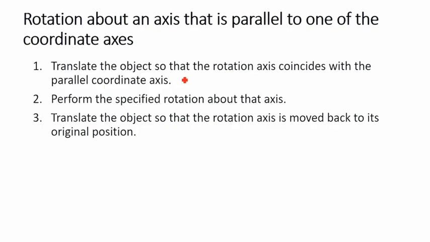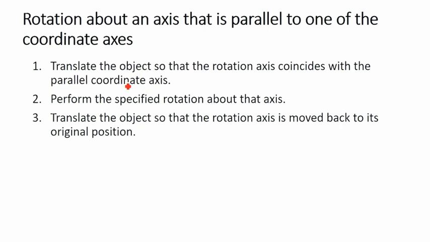We translate the object so that the rotation axis coincides with the parallel coordinate axis, and then we perform rotation around the principal axis with which the rotation axis is aligned, and then we translate the object back in such a way that the rotation axis is moved back to its original position.